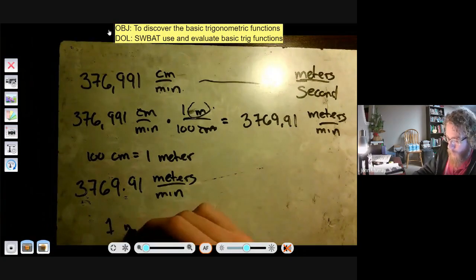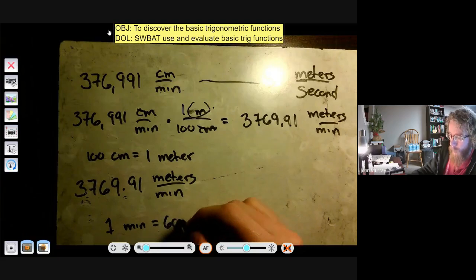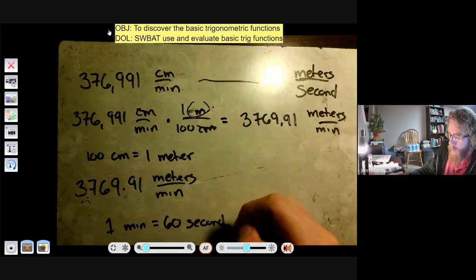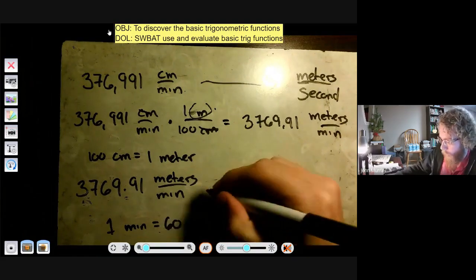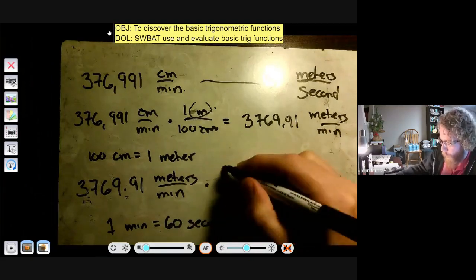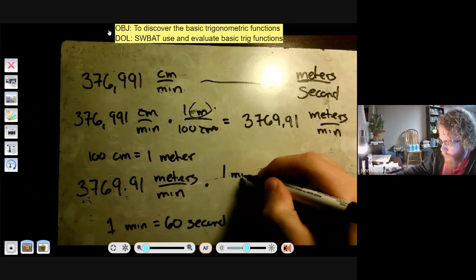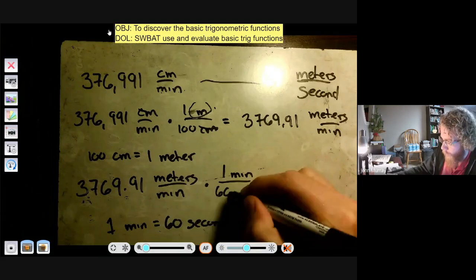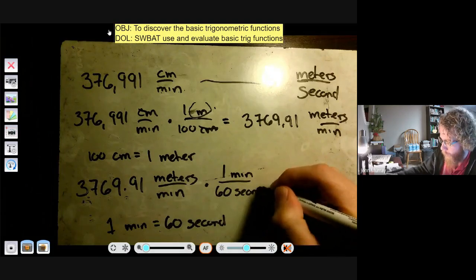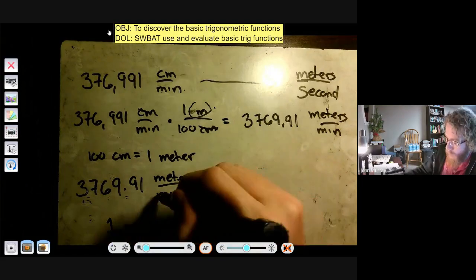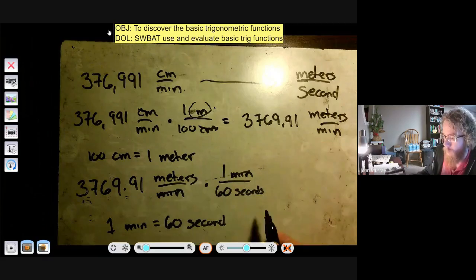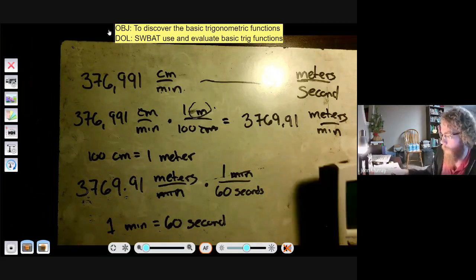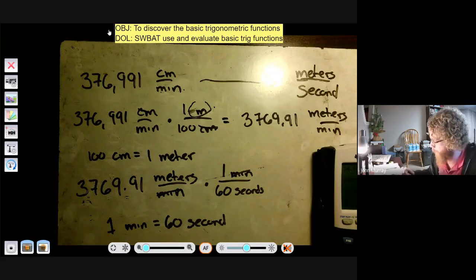Okay, so we know that 1 minute is 60 seconds. So I want to get rid of this minute. I'm going to put the 1 minute in the numerator, the 60 seconds in the denominator. So now the minutes cancel out. And again, I'm dividing this now by 60.